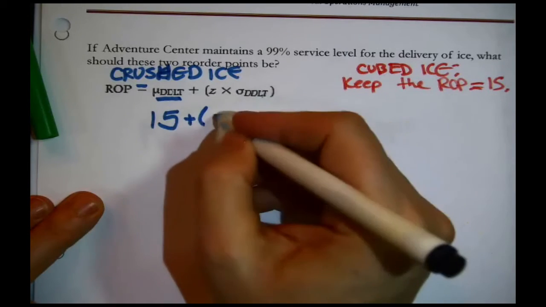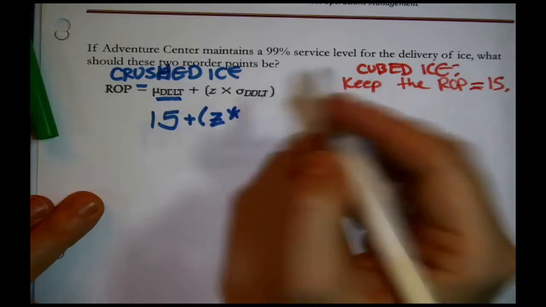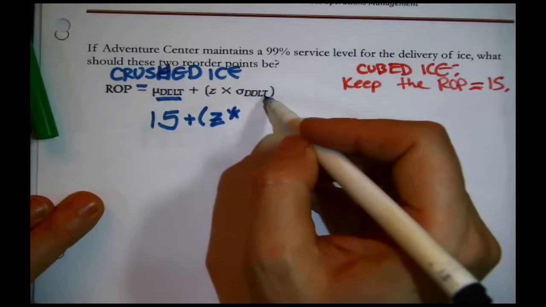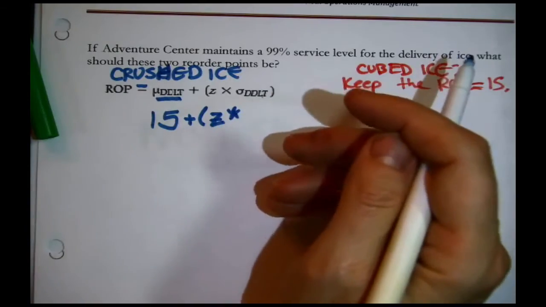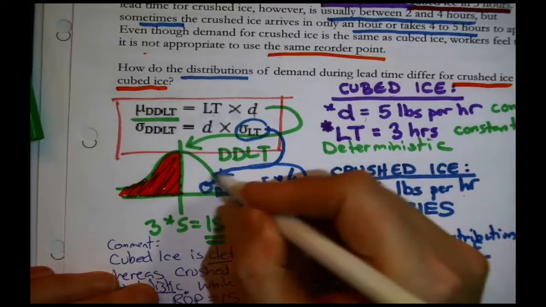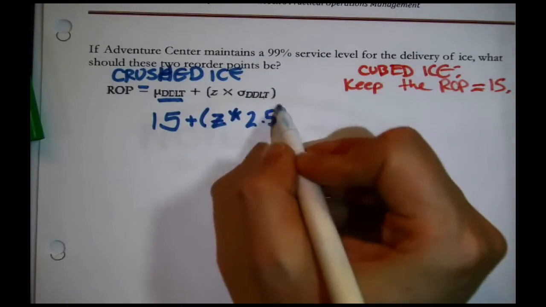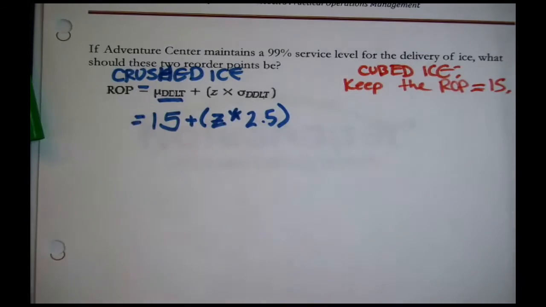That is to say, some z-value times the standard deviation in demand during lead time, which we worked so hard to find. We have it. It's right there, 2.5. So the only thing that we need is that z-value, and then we're done with this question.